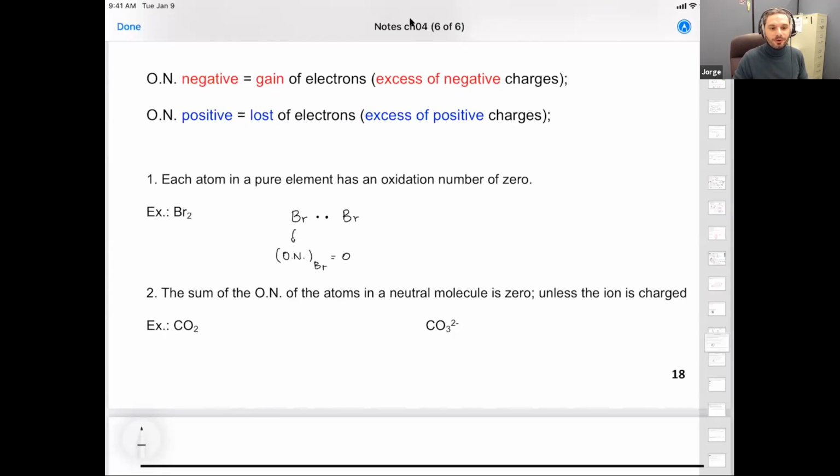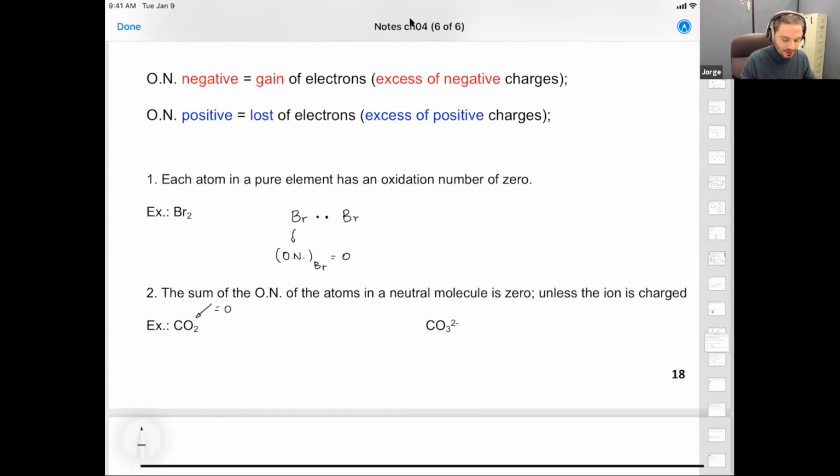Okay, second rule: the sum of the oxidation numbers of the atoms in a neutral molecule is 0, unless the ion is charged. So let's tackle two examples. First one is CO2. The charge of the molecule is always the number on the upper right corner. If there is no number here, that means the charge is 0.